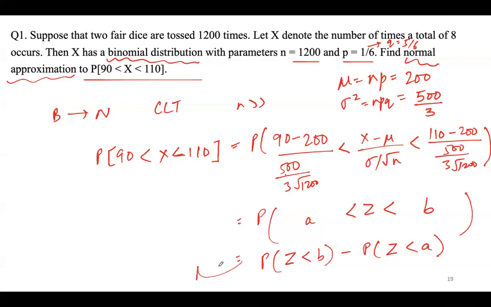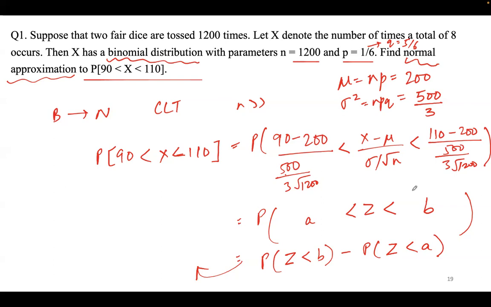Basically you're finding two different CDFs and subtracting them. The values here are a little complicated, with root of 1200 and decimals, but you can easily calculate that. Question 1 or 2 in your assignment is along the same lines, so I'm not solving it entirely, but this is how you're going to do it.